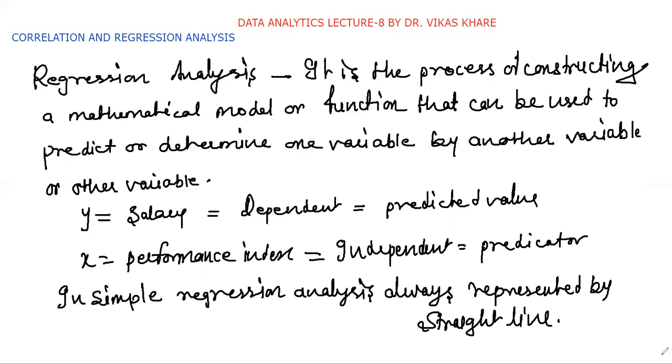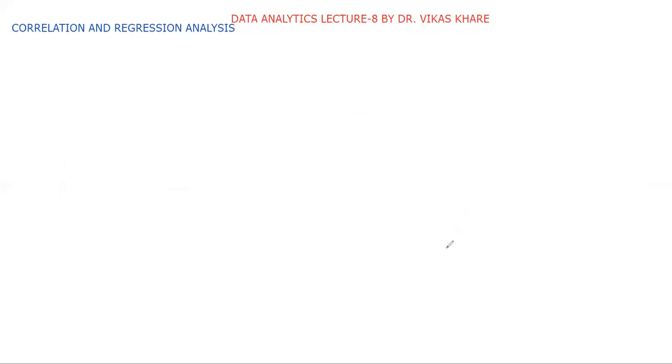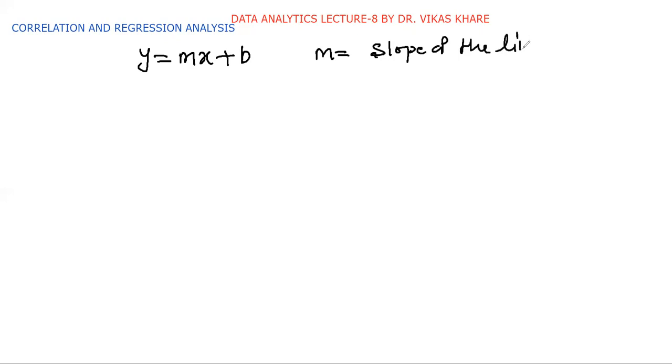So in the case of regression analysis, the equation is given by y is equal to mx plus b, where m is equal to the slope of the line and b is equal to the intercept of the line.